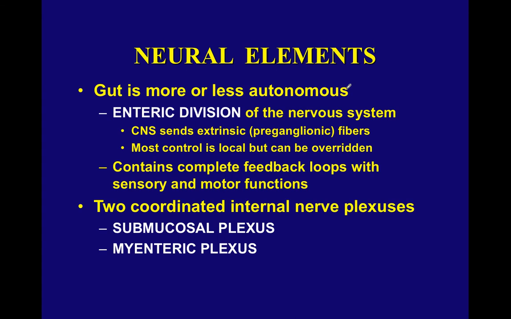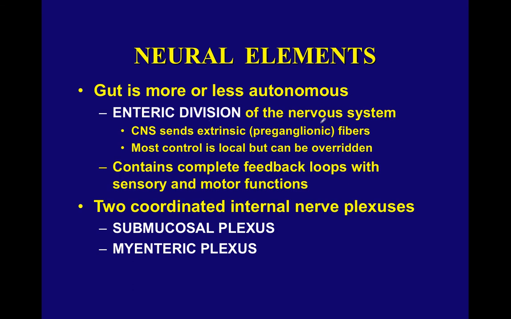Now we'll talk about the neural elements of the small intestine and the large intestine. As we know, the gut is more or less autonomous in its control and function, because the wall of the small intestine is all smooth muscle, and the control of this is through the autonomic nervous system. However, the central nervous system can override that.